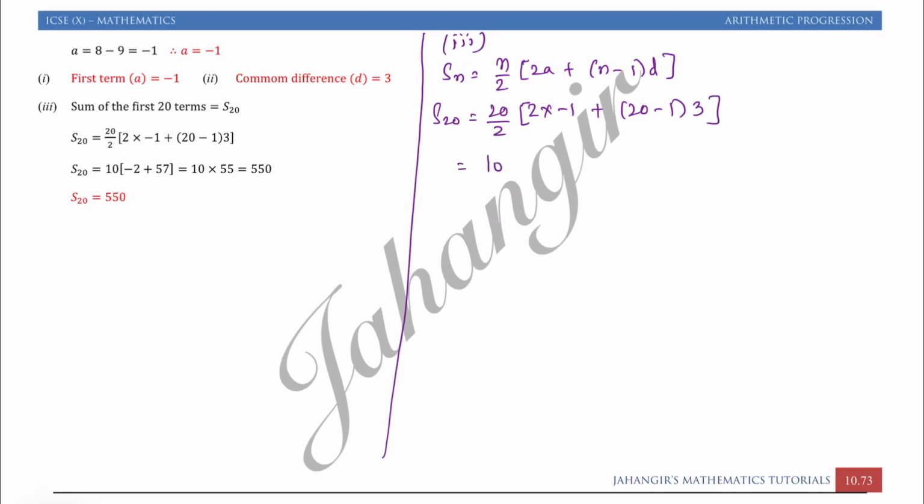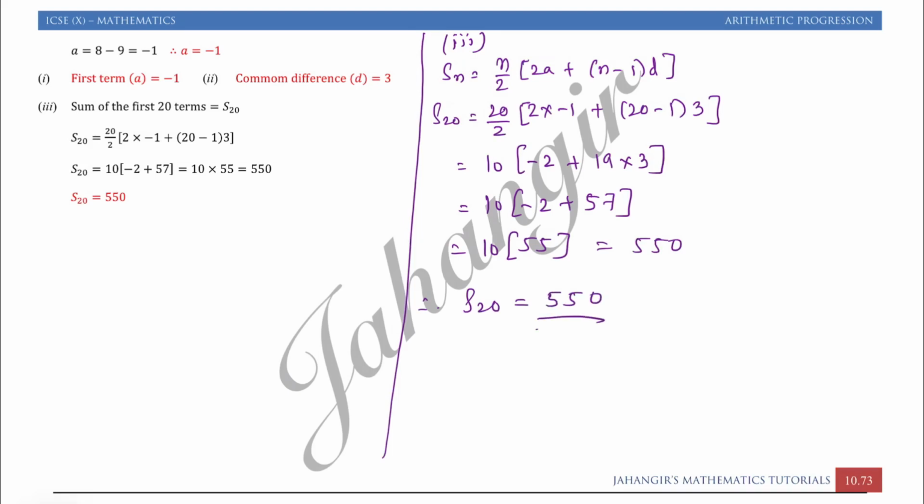So 20 by 2 is 10. Just solve this part. Starting with minus 2 plus 19 into 3. So that is 10 into minus 2 plus 57. So 10 into 55. That is 550. So therefore I can say S20 is equal to 550.